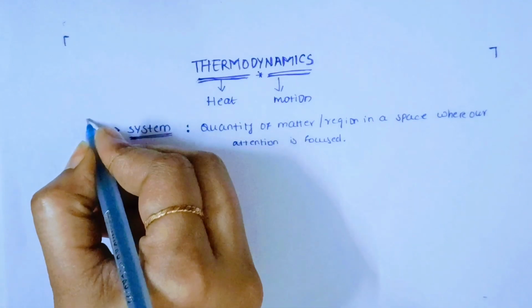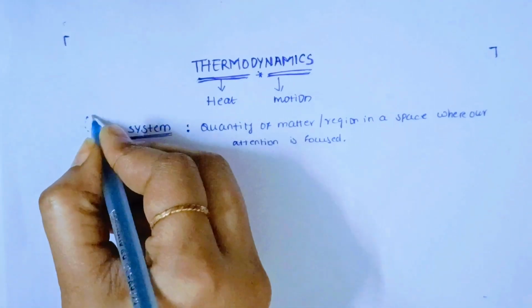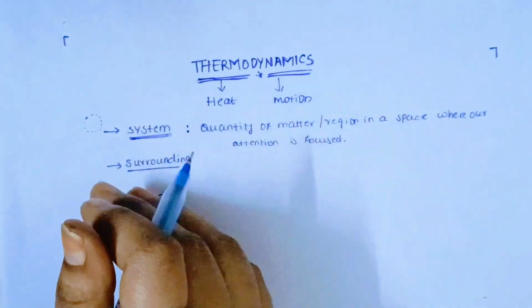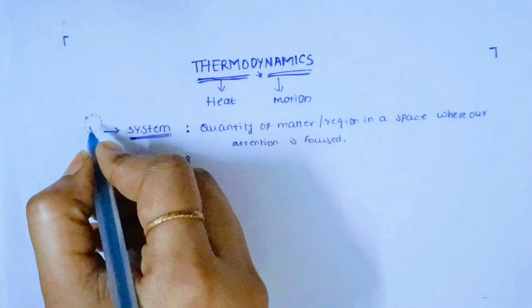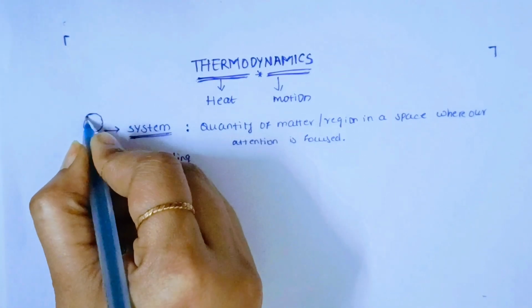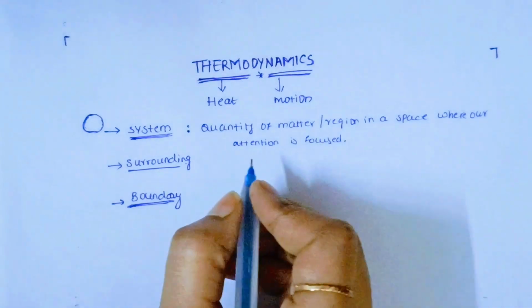There is a gap, like an invisible layer, between your concentration towards this class and the outside surrounding. The thing which separates the system and surrounding is nothing but boundary.